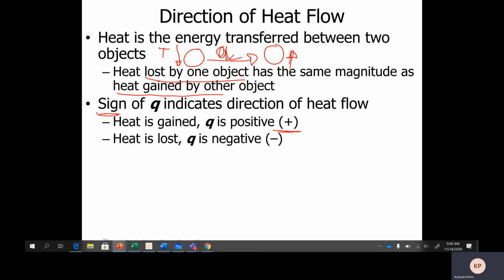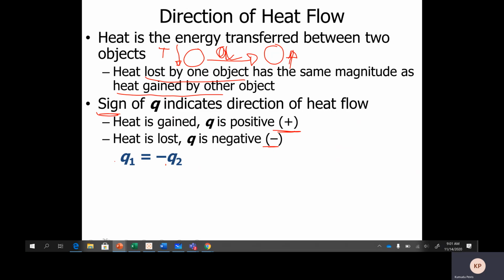If an object loses the energy, then the Q will get the negative sign. If we are talking about only two objects, then the magnitude, or the numerical value, of the Q will be equal, but the sign will be opposite. One Q will get the positive sign, the other Q will get the negative sign.